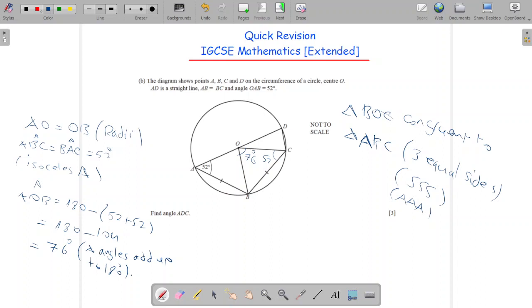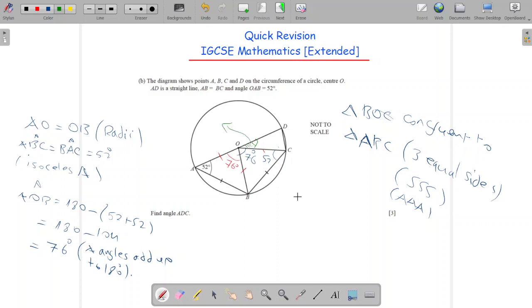Now, since this is a radius, and this is a radius, and this is also a radius, this triangle that we see here is an isosceles triangle. Since it's an isosceles triangle and this angle here is also equal to 76 degrees, all three angles in total are going to be equal to 180. So how can I find this angle here?